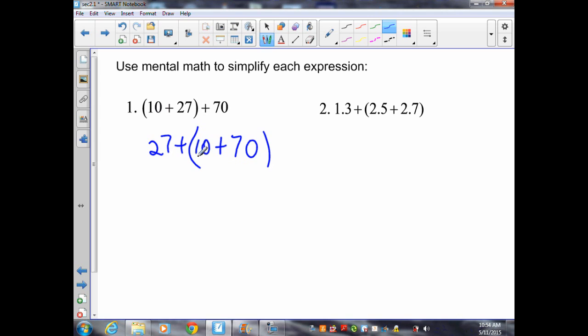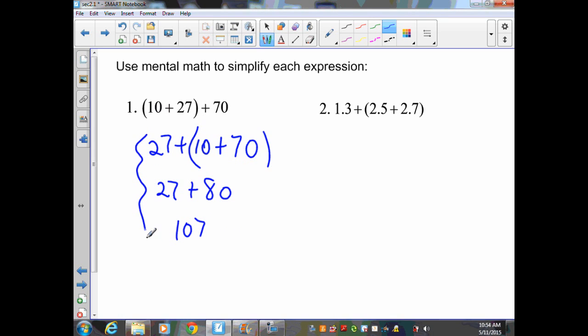Now it's easier to do this, 27 plus 80. I know 20 plus 80 is 100, and then 7 is 107. So in my head, I wouldn't write any of this down, but I would know to go 10 plus 70 is 80, plus 27 is 107.